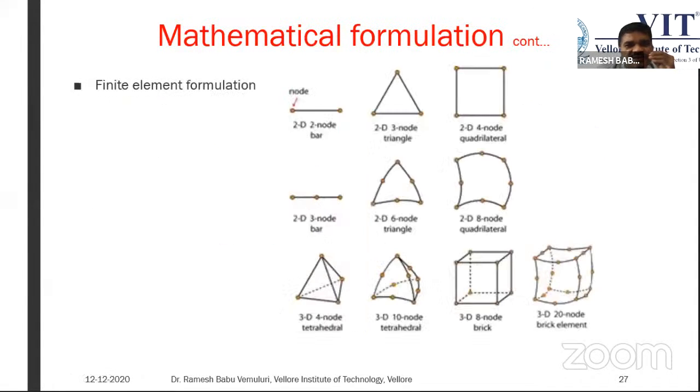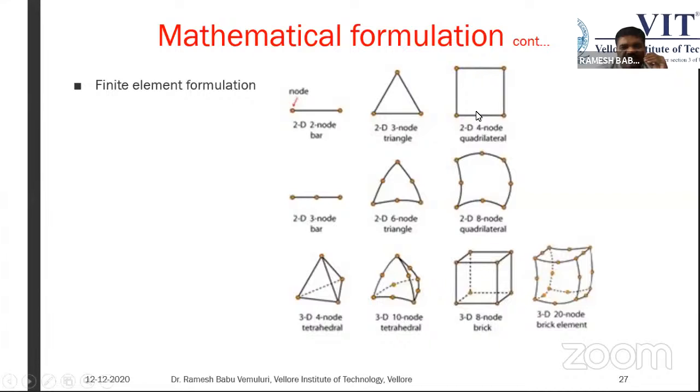Yeah. So we have various elements here. Dimension 2-node bar. These are normally used for bar elements and beam elements. For the bar and the beam, only the degrees of freedom will vary. So it is a two-dimensional, two-noded bar. Then a two-dimensional, three-noded triangle you can consider here.